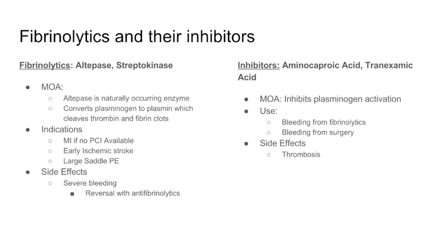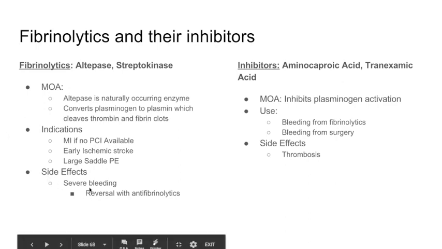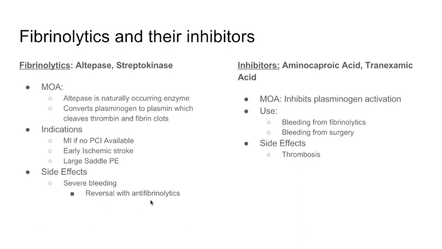And finally, if you have a large saddle pulmonary embolism, and saddle means that it's occluding the main pulmonary stem and then the two branches of the pulmonary arteries in a way that affects hemodynamics, you can also give fibrinolytics. Side effects, of course, are severe bleeding, and you reverse it with antifibrinolytics.